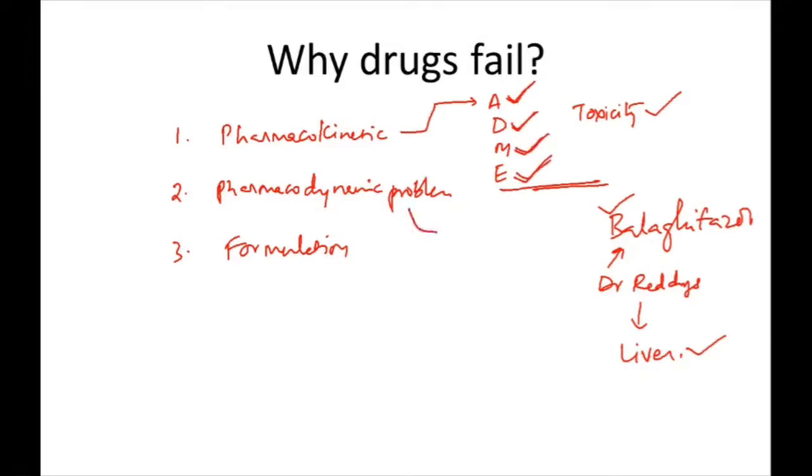And the second one is pharmacodynamic problems. In case of pharmacodynamics, potency. The drug may be very less potent, or the drug may not be selective. Earlier we had the reason why we don't use adrenaline as a drug.